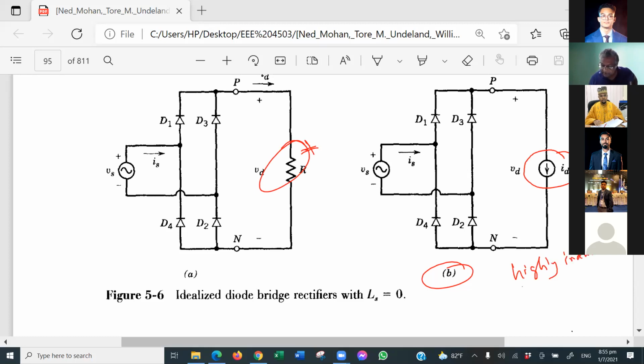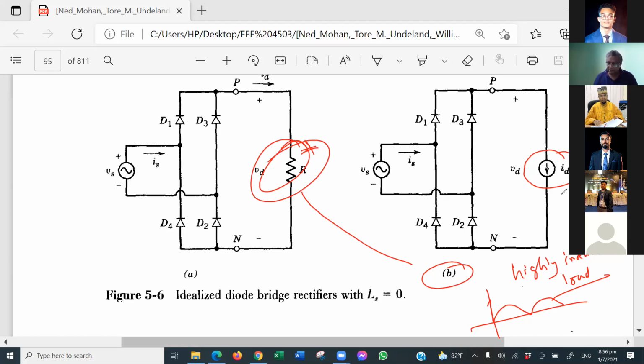The example would be like this: since this is an AC to DC converter, if you put a very big DC motor, whose resistance can be 0 but inductance will be very, very high, then the output current will not be like what we got for the resistive case. Rather it will have a value like this.